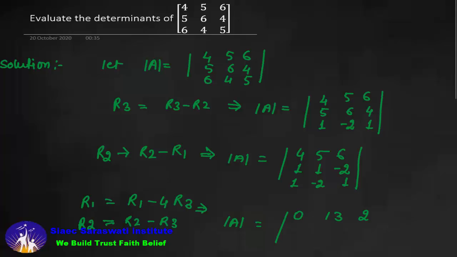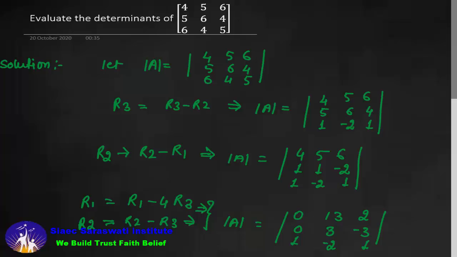Okay, so when you apply both these property to this, that again will be 0, and this will be 1 minus minus 2, that will be 3, and minus 2 again minus 1, that is a minus 3. Okay, and the R3 will be unchanged, so 1, minus 2 and 1. So that is basically the final determinant.